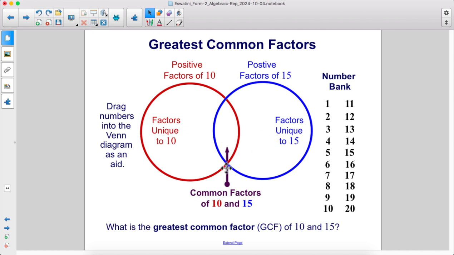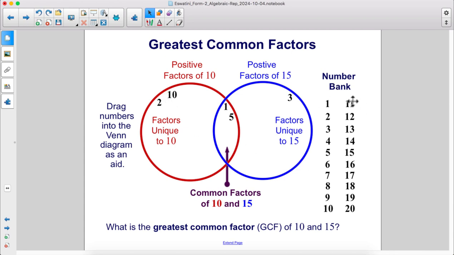All right, let's find the common factors of 10 and 15. So, 1 is a factor of both. Let's see, 2 is a factor of 10, but it's not a factor of 15. 3 is a factor of 15, but not 10. 4 is not a factor of either. 5 is a factor of both. 6 isn't either. 7 isn't either. 8 isn't either. 9 isn't either. 10 is a factor of 10, but not 15.